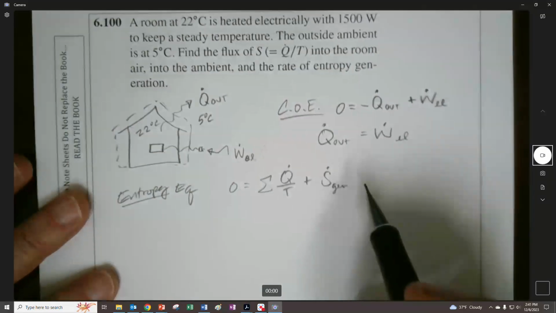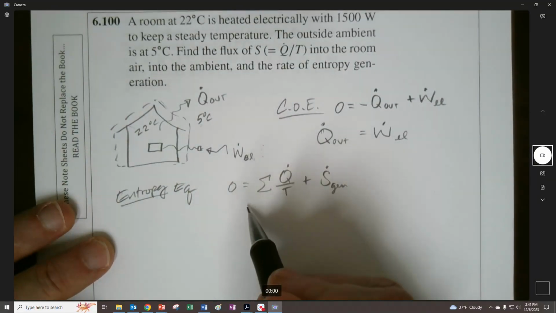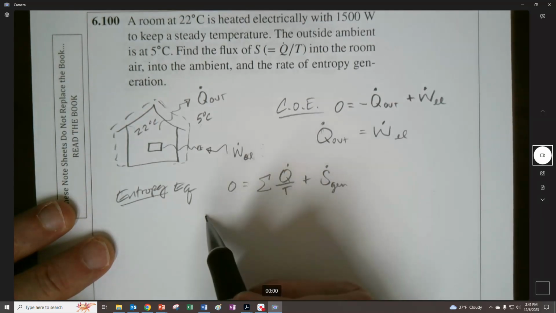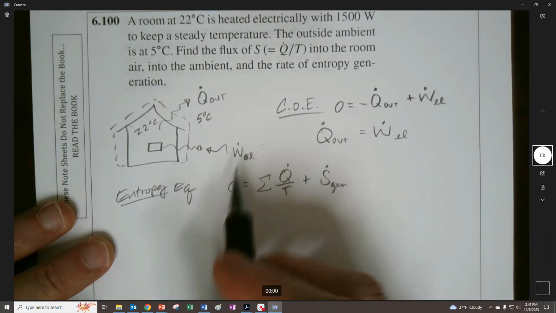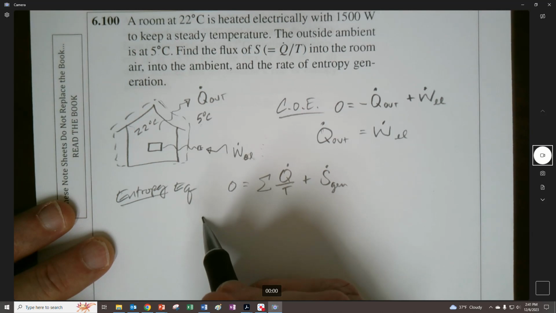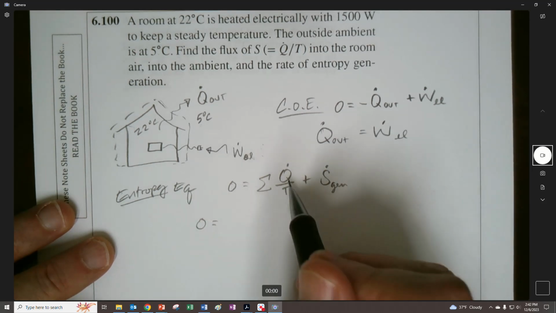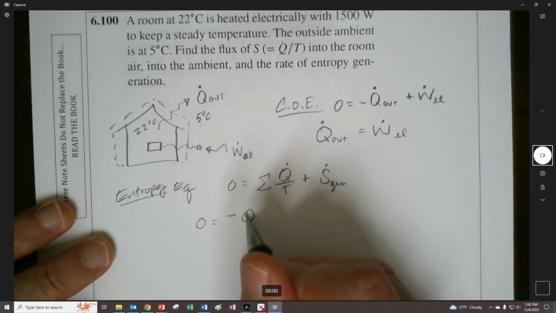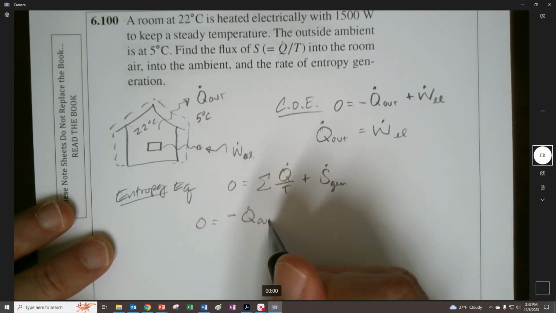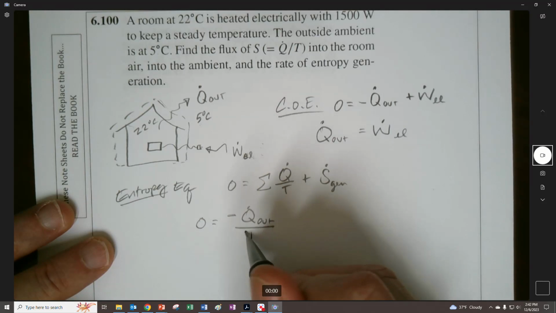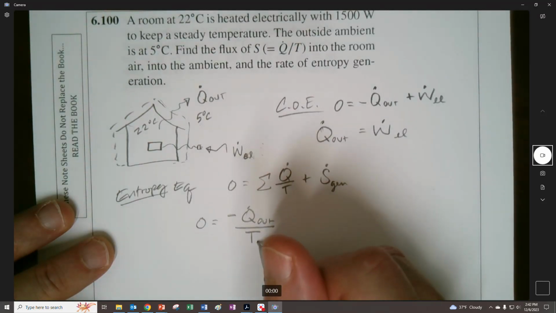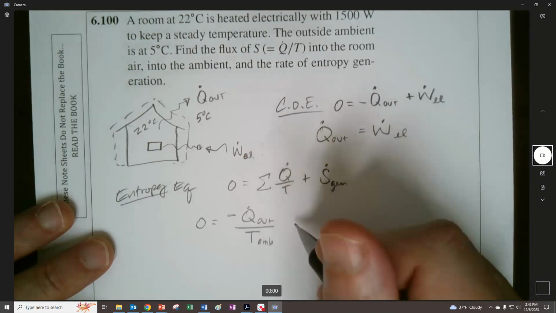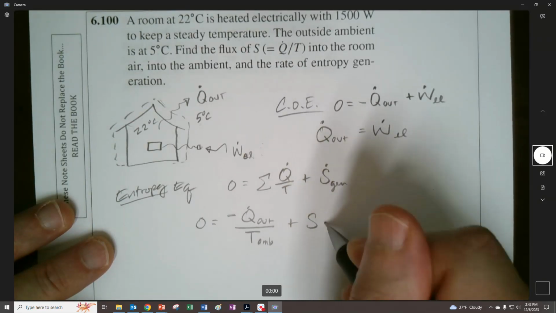We'll see in a second what happens here. So we have 0 equals, and of course this is a negative rate, so negative Q dot out over T ambient, plus S dot gen.